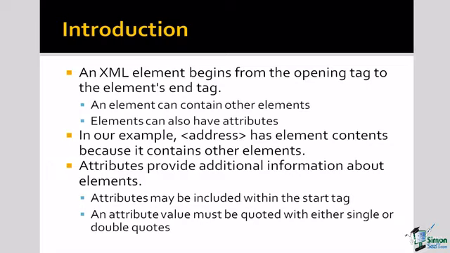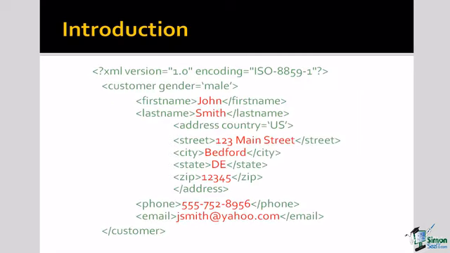And an attribute simply provides additional information about the element. The attributes are included within the start tag or the opening tag of the element. Any value that we assign to an attribute must be quoted. Whether that's a single or a double quote, it must be quoted.